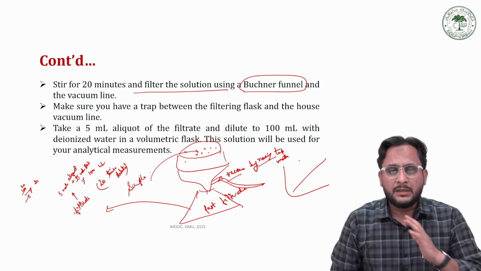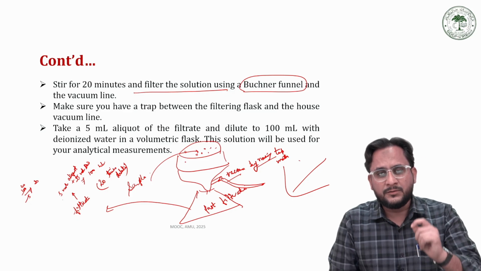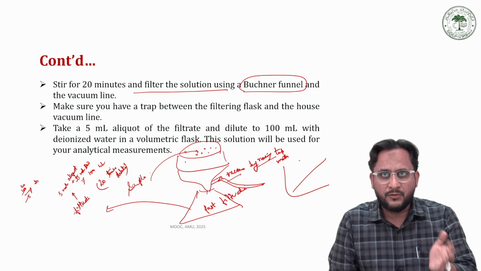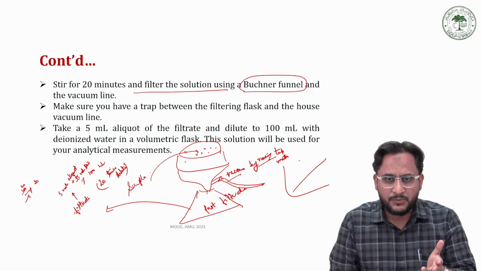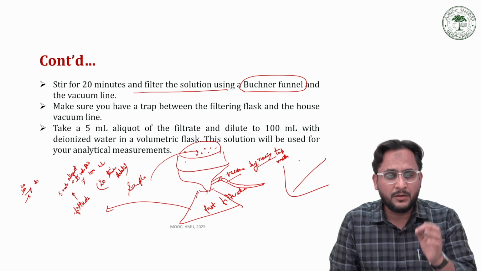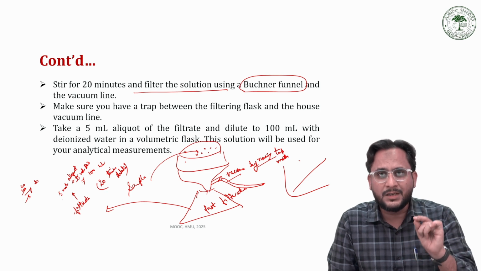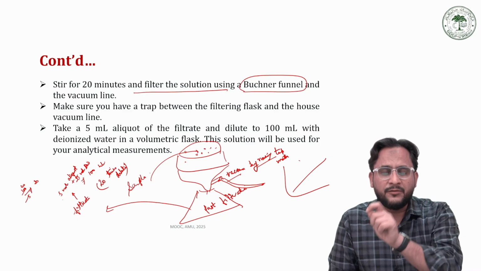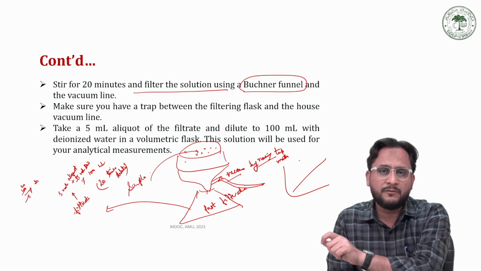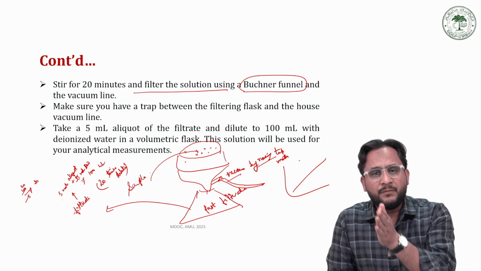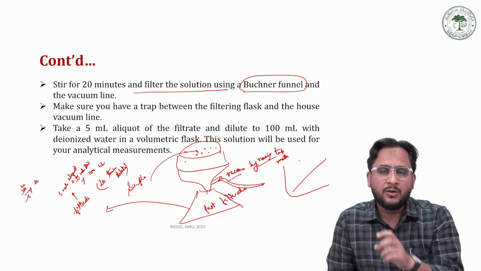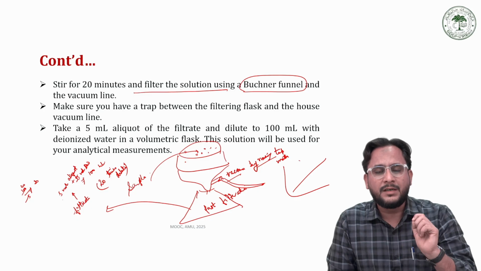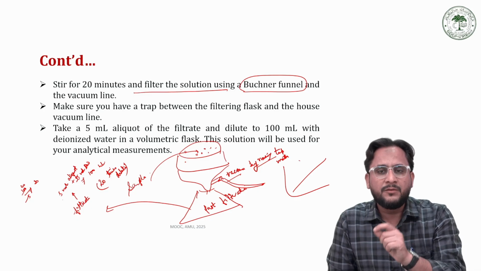So remember, in all cases for quantitative analysis, whether we are using molecular luminescence spectroscopy, meaning fluorescence spectroscopy, or even atomic absorption spectroscopy or atomic emission spectroscopy, we need a calibration curve, and for the calibration curve we need a pure sample. We prepare different diluted samples from the stock solution of the pure sample, perform the analysis, and obtain data, put it on the y-axis against concentration on the x-axis, so that a linear curve is obtained, which is the calibration curve.